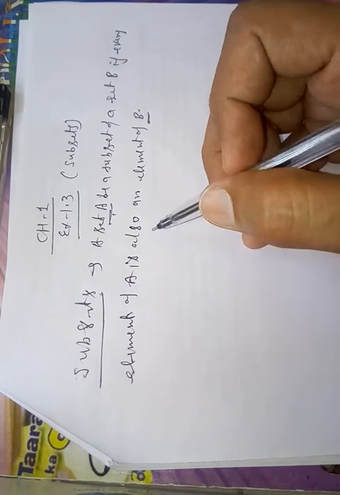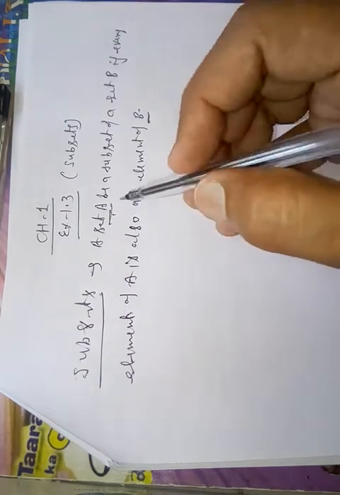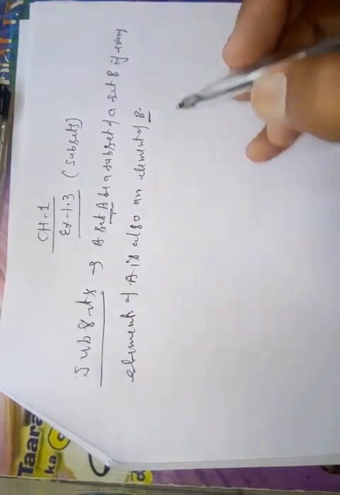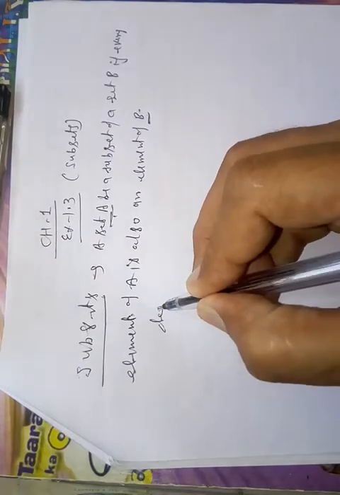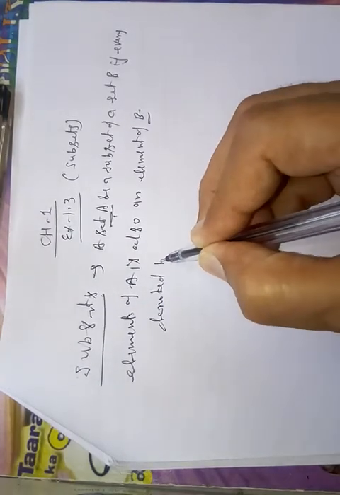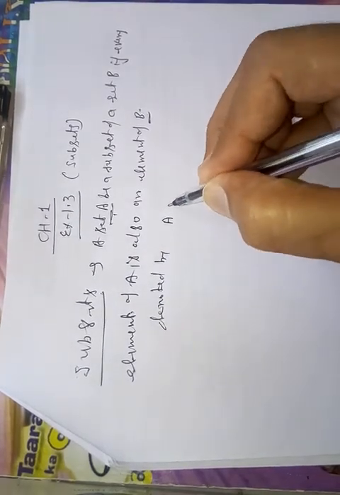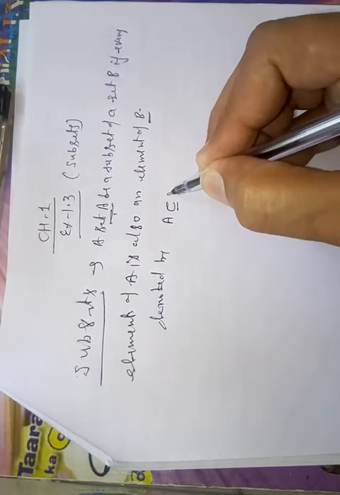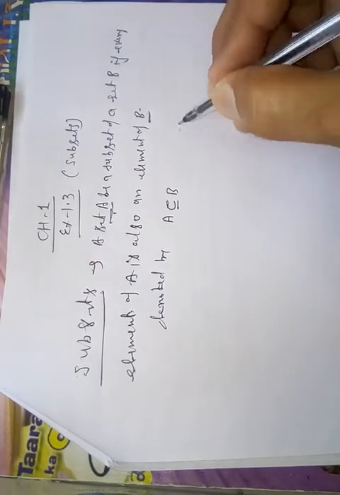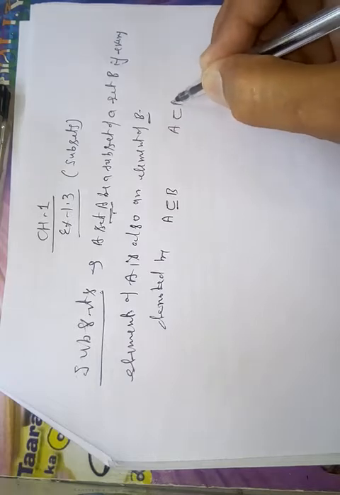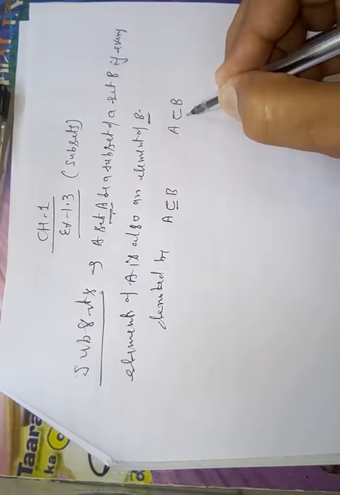B does not belong to A. So only elements of A belong to B, and this is denoted by A subset B. This is a subset, and there is also a proper subset. This is the formal proper subset.